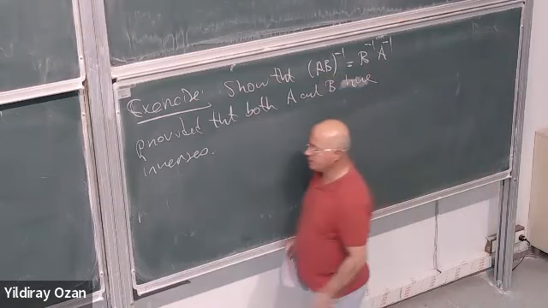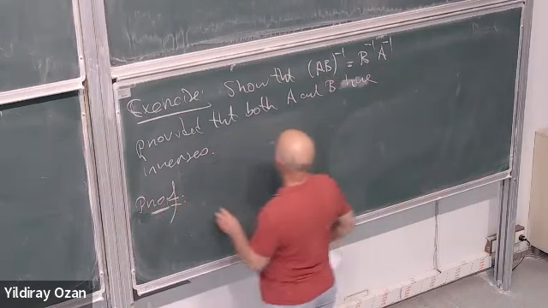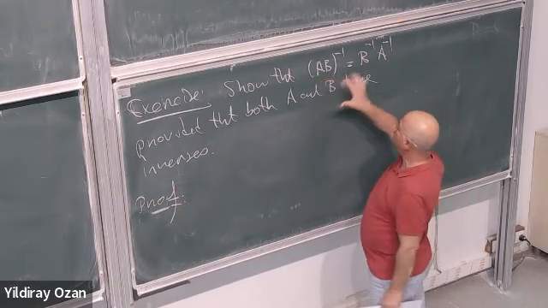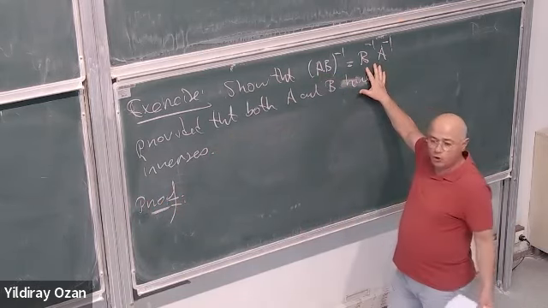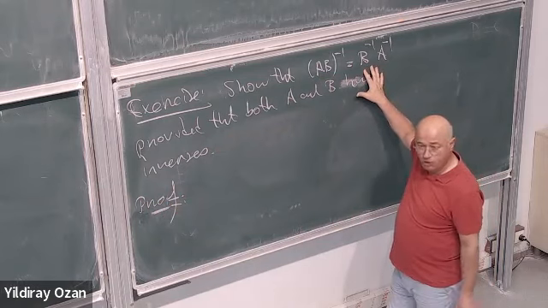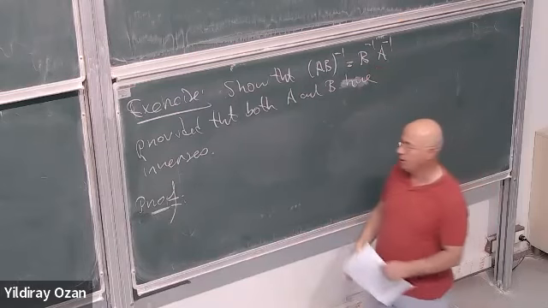How can we prove this? Well, we are claiming that A times B has an inverse, and this is the inverse. So you just apply the definition of being an inverse. If this is the inverse, then A times B times this matrix should be the identity.